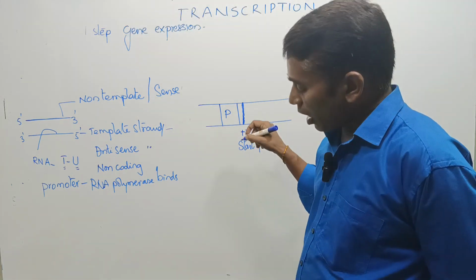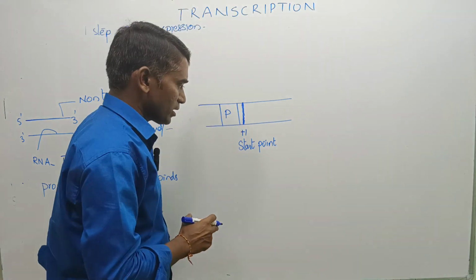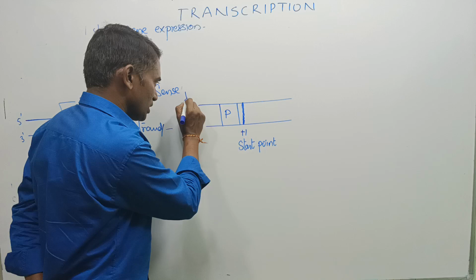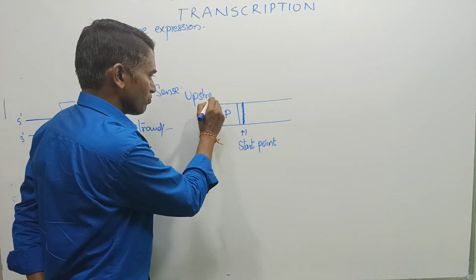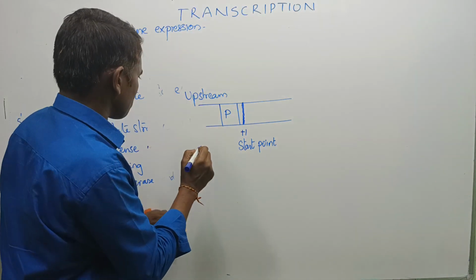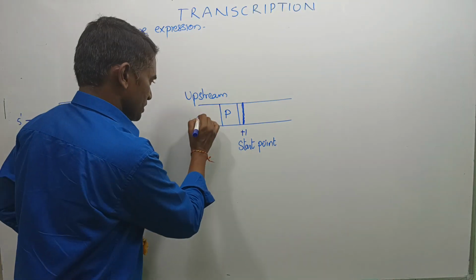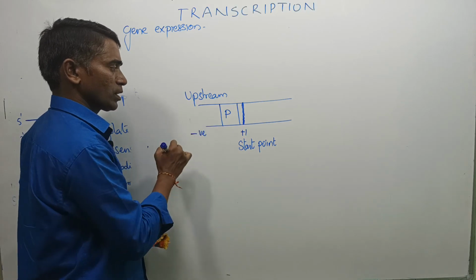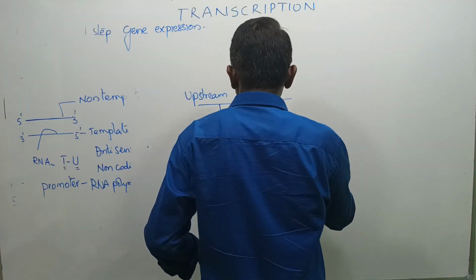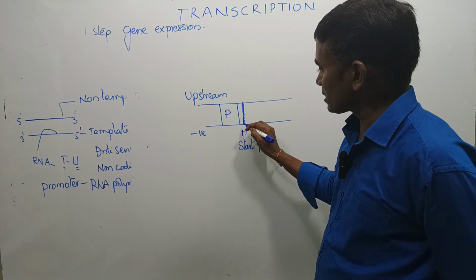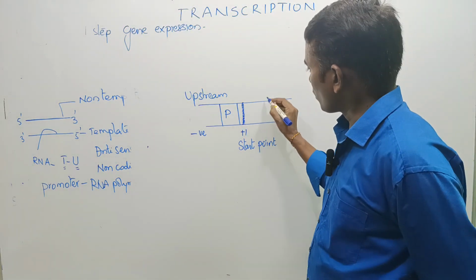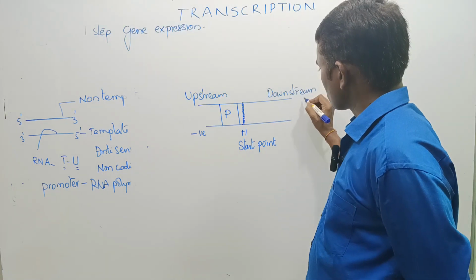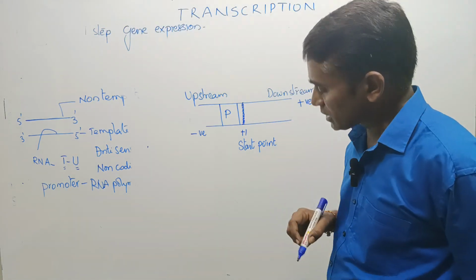The entire region on the left side of the start point is called the upstream region, represented by a negative symbol. The region following the start point is called the downstream region, indicated by a positive symbol.